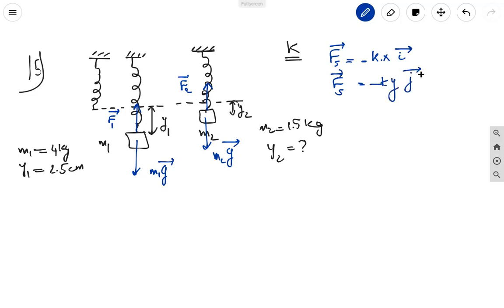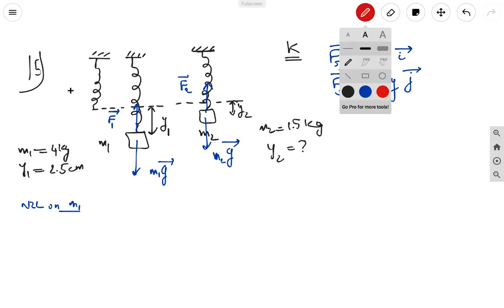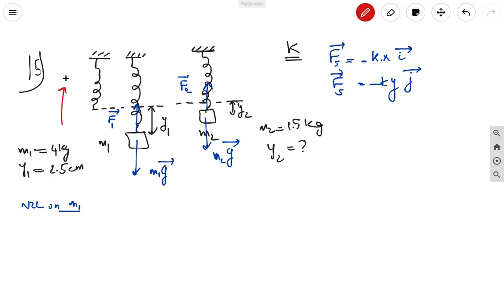Along the Y-axis, let's apply Newton's second law on both M1 and M2. On M1, if we take the Y-axis to be upwards, just to have one reference, we can write plus F1 minus m1 g is equal to 0, because the object is in equilibrium; the spring has stretched by 2.5 centimeters.